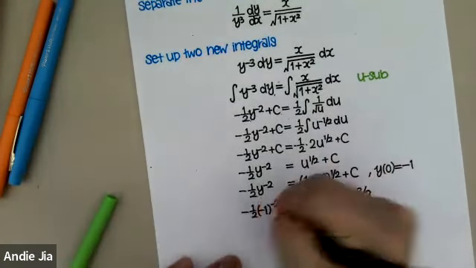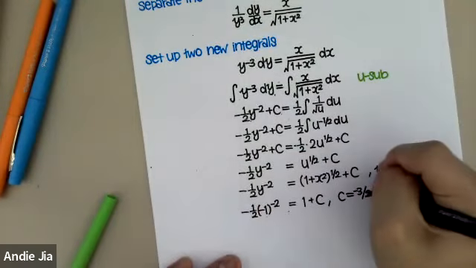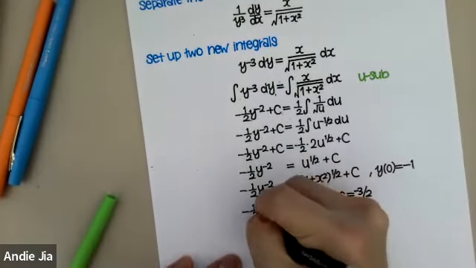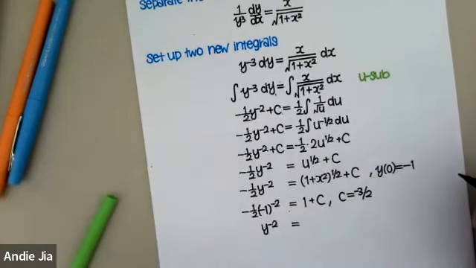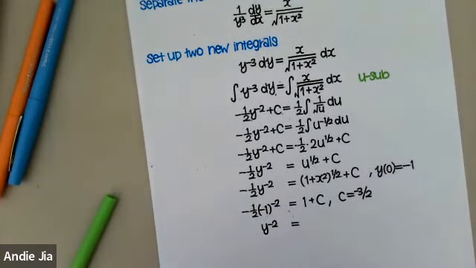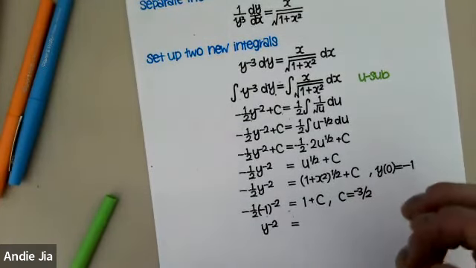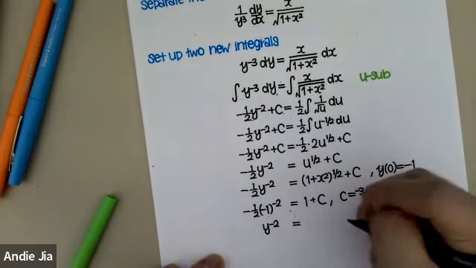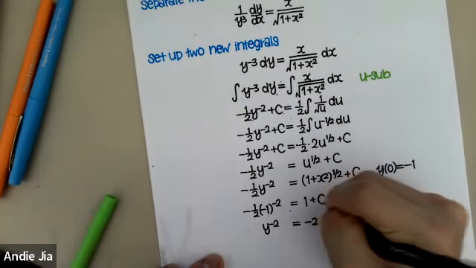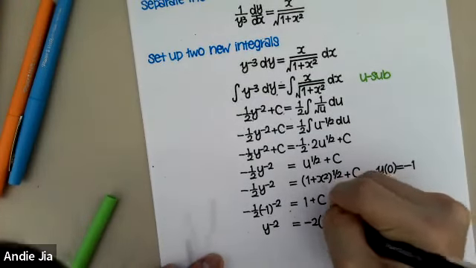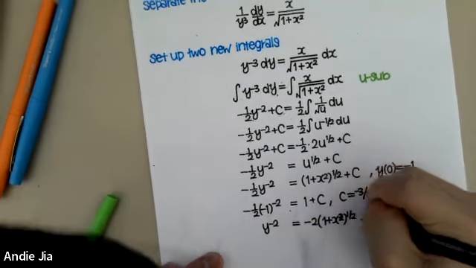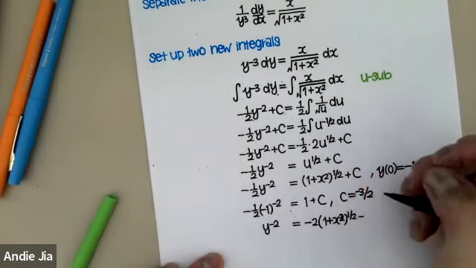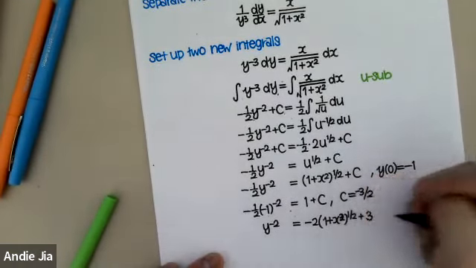So as long as we have c equals negative 3/2, once we multiply by negative 2 here, we get negative 2 times (1 plus x squared)^(1/2) plus 3.